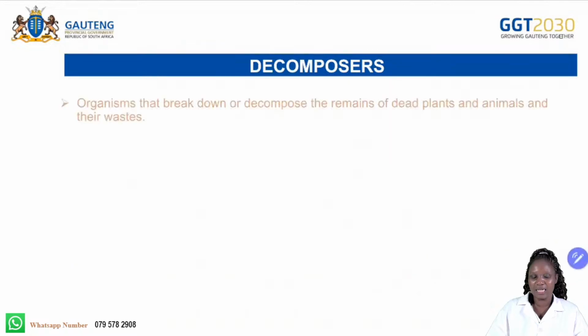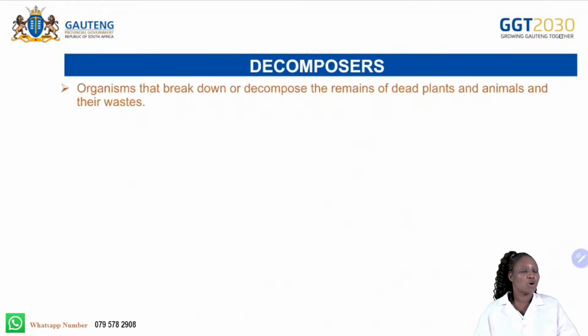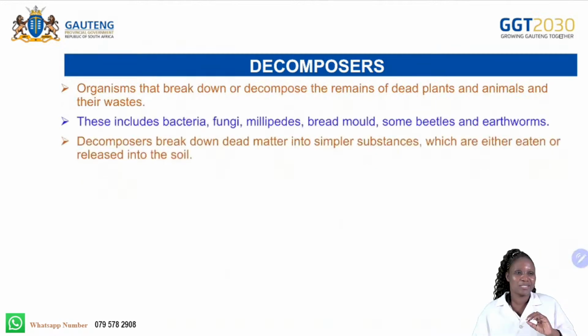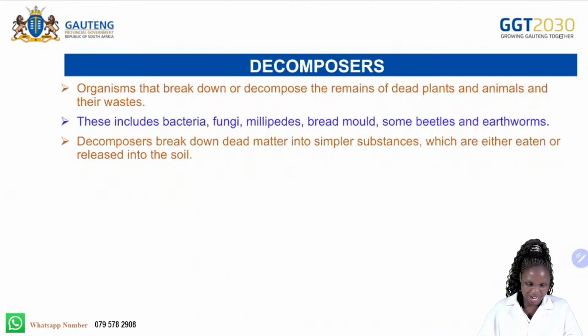Okay, let's look at the decomposers. Decomposers are very important. Why am I saying they are important? Because they break down matter. All right. Decomposers break down dead matter into simpler substances which are either eaten or released into the soil. And these include bacteria, fungi, millipedes, bread molds, and some beetles and earthworms. Right?